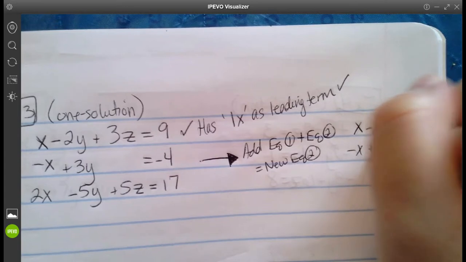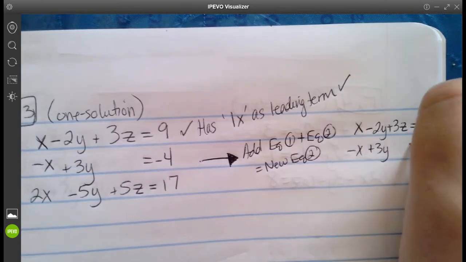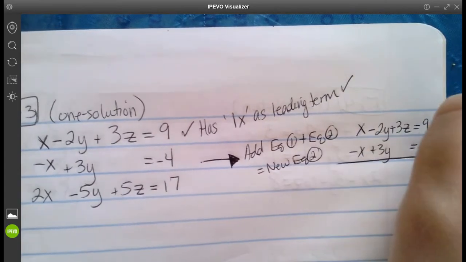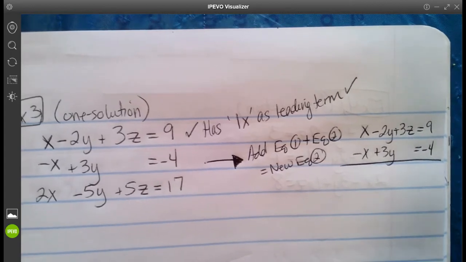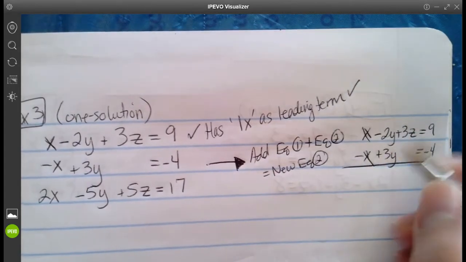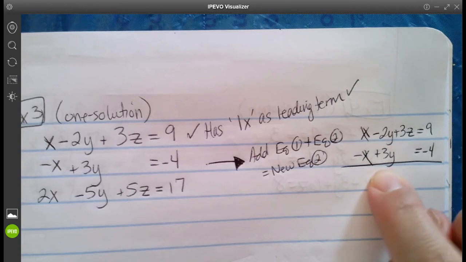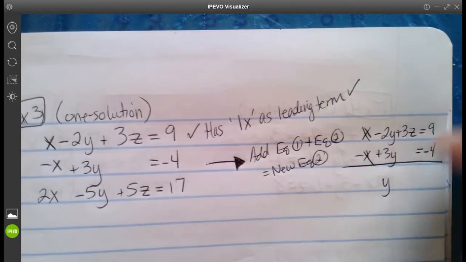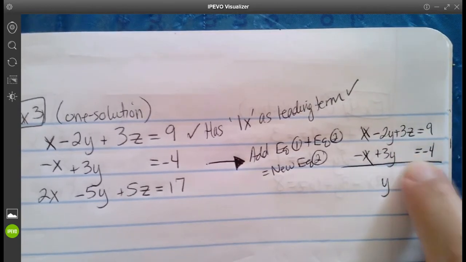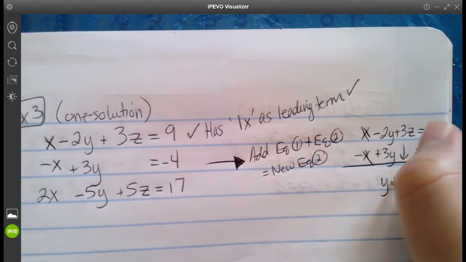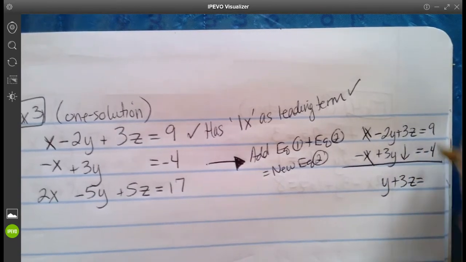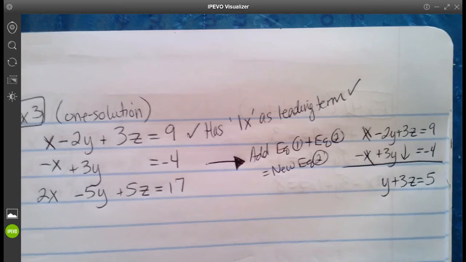Negative x plus 3y, there's no z, is equal to negative 4. I'm going to add these two. Those x terms are gone. Negative 2y plus 3y is positive y. 3z plus nothing is still 3z, so this one just comes straight down. 9 minus 4 is 5.